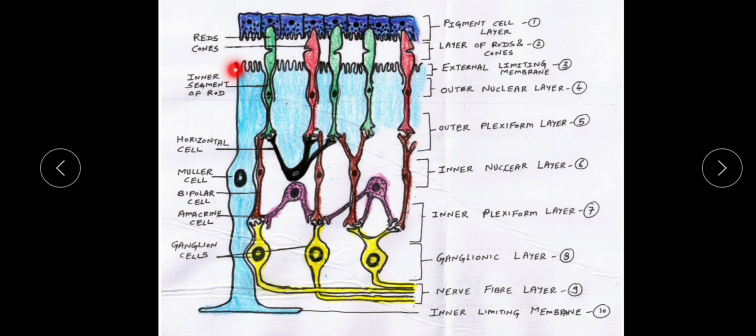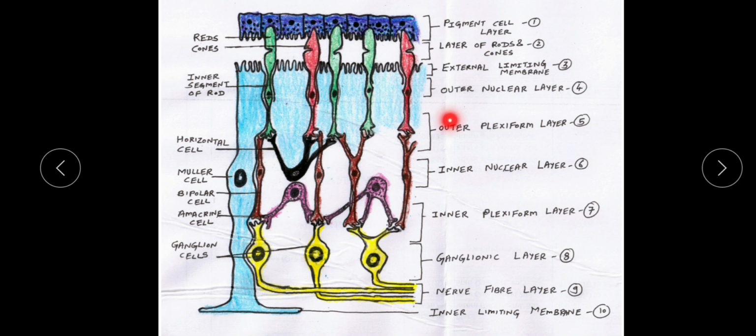This external limiting membrane is formed by the Müller cells, particularly the outer processes of the Müller cells, which unite with each other to form the external limiting membrane. After that, you will find the nuclear layer, which contains the nuclei of the rods and the cones, known as the outer nuclear layer.